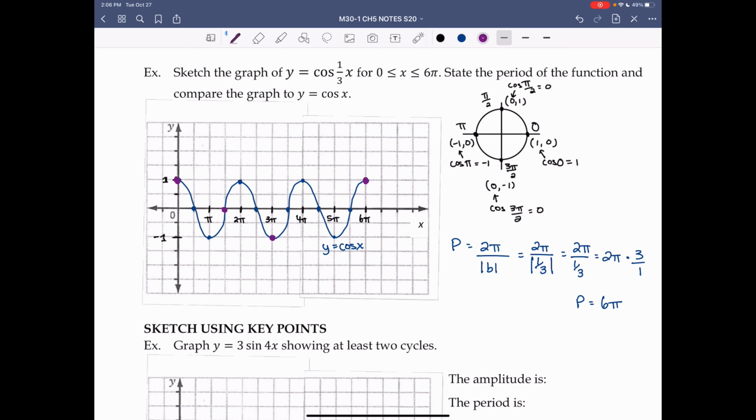And then halfway between 3 pi and 6 pi, which is 4.5 pi, we need to be at 0, which is halfway between y values of -1 and 1. And then we can join our points together. And we get 1 full cycle of y equals cos 1/3x.